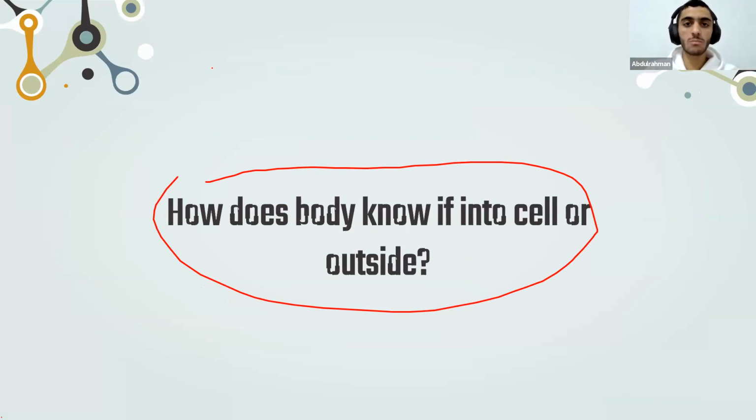Would any of you like to take a guess what exactly would tell the body? All right, so it's the DNA. The DNA does help by synthesizing the sequence that we'll need, but I just wanted a simple word. It's a signal. A signal tells the body that it goes here or there. All right, so it's a signal.